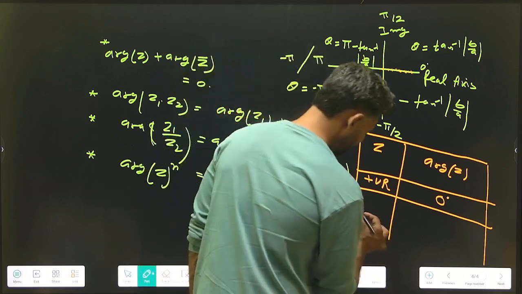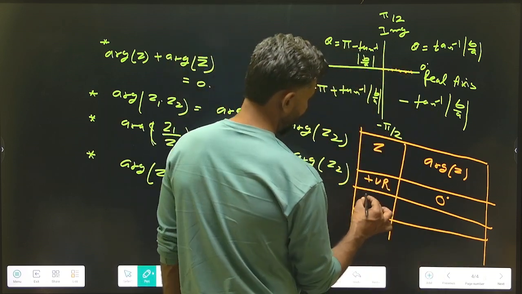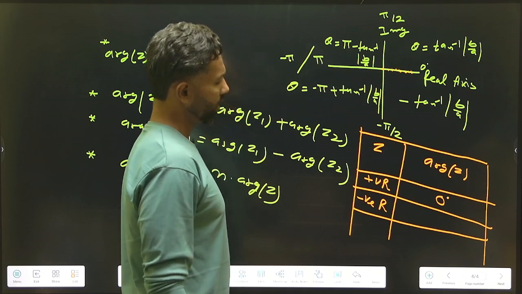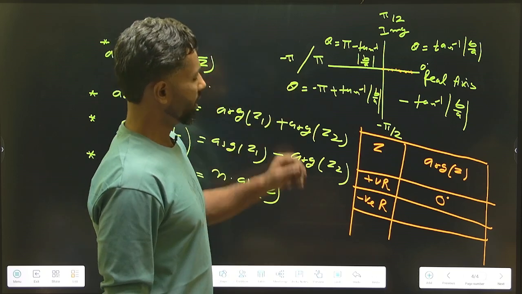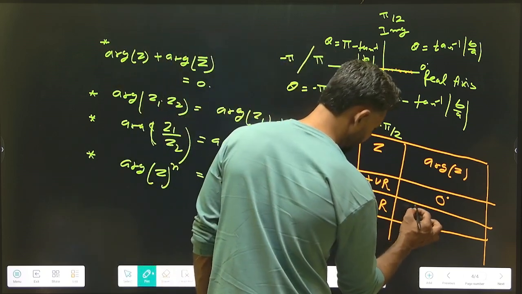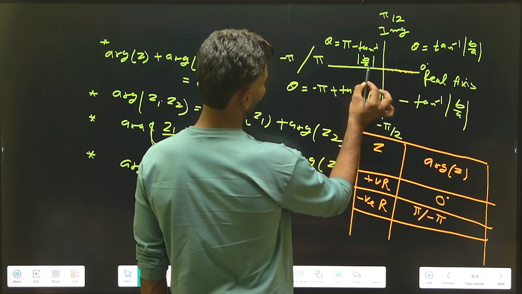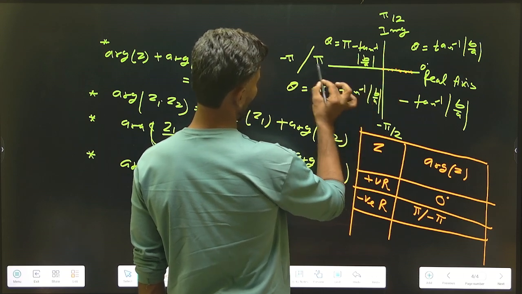In the same way, if it is a negative real number, then the argument can be pi or minus pi, because all the negative real numbers will be represented on this particular line.